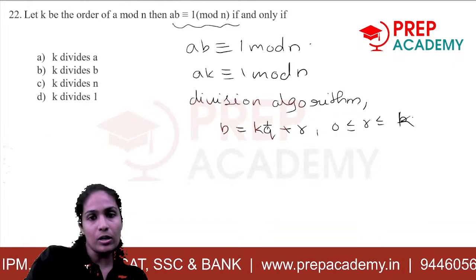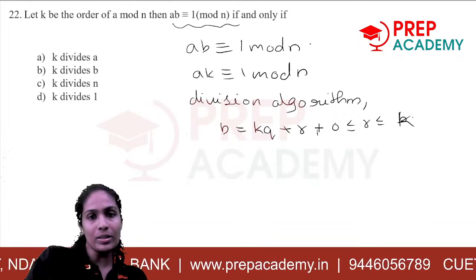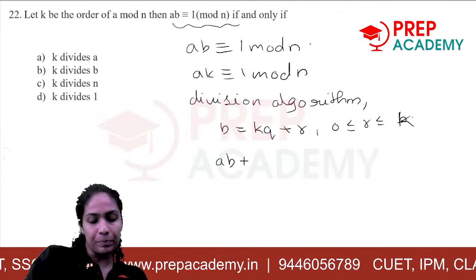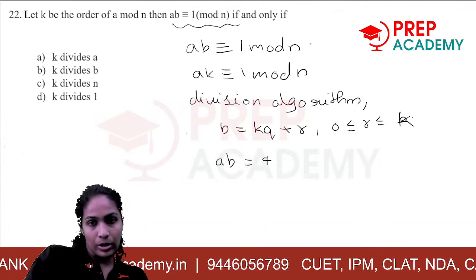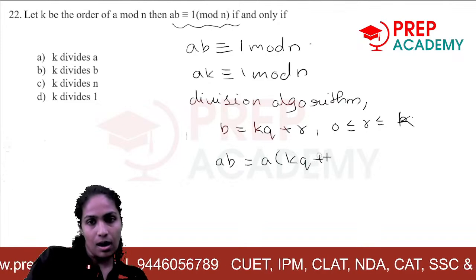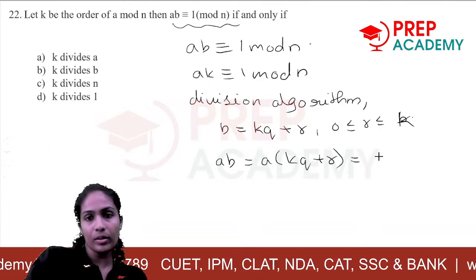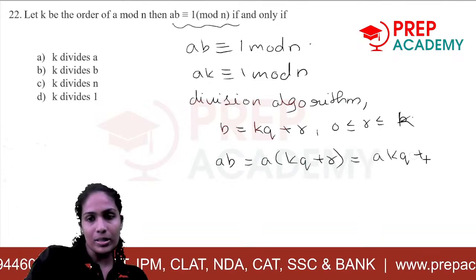So we are using the division algorithm to write b is equal to kq plus r. Then a^b is equal to a^(kq plus r), which is equal to a^(kq) times a^r.